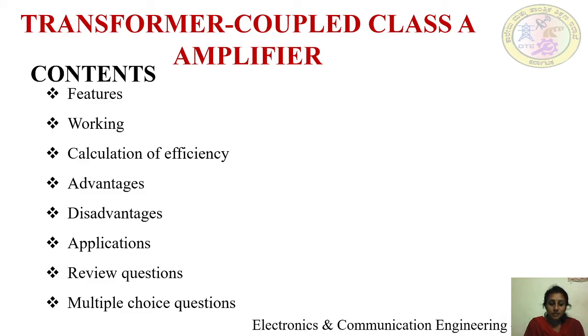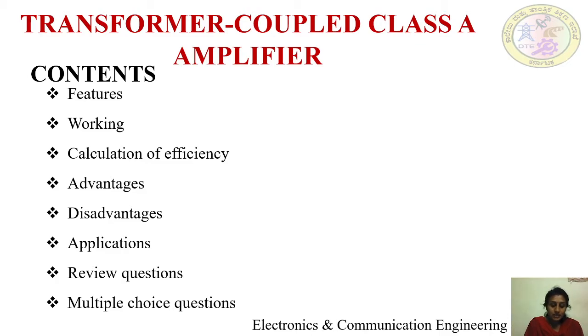The purpose of the coupling device is to transfer the AC output of one stage to the input of the next stage, and also to isolate the DC conditions of one stage from the next. It blocks the DC and allows only the AC signal.